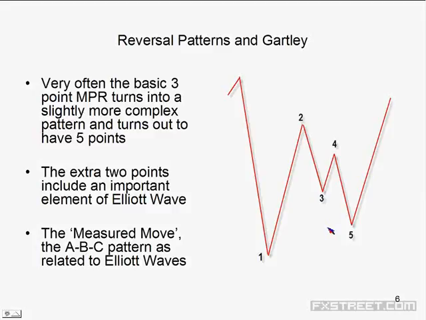So this, in actual fact, is combining a multi-point reversal with a Gartley. And there are one or two features of the Gartley which are all important. The first one being that point 3 needs to come down to retrace the distance from 1 to 2 by around about 50%. Now, it might be 61.8.